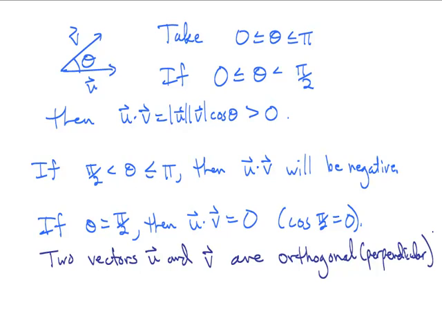Okay, it just means they meet at a 90-degree angle, orthogonal or perpendicular, if and only if their dot product is 0. Notice I'm not putting a vector sign over the 0. This is the number 0, not the vector 0. And that's a very important thing. The dot product takes two vectors and gives us a number or a scalar. All right, something very important to remember.